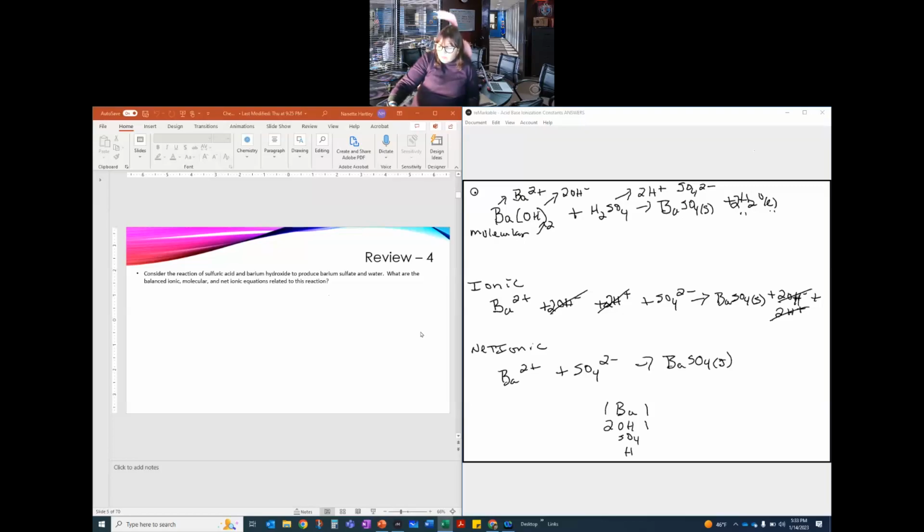Initially, I only had 1 OH on the product side. I have 1 SO4 and 1 SO4, and I initially have 2 H+ on the reactant side, and initially only 1 of the H on the product side. So I can multiply that H2O by 2, and then that balances everything out. So that's the little thing that I do to make sure that I've accounted for everything.